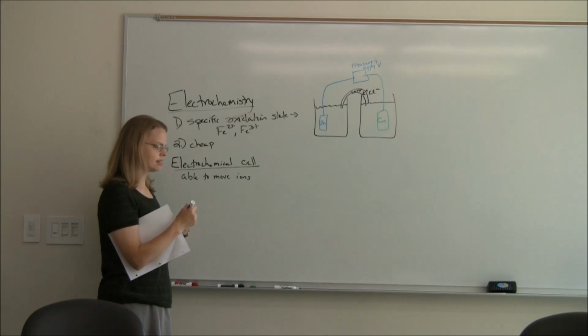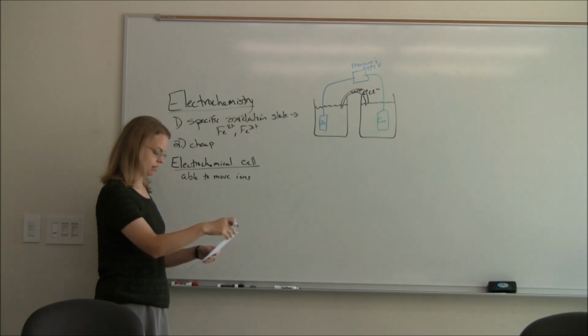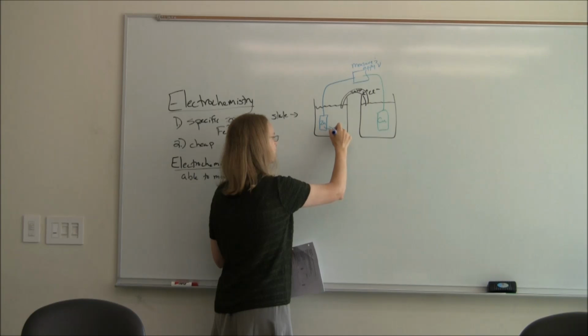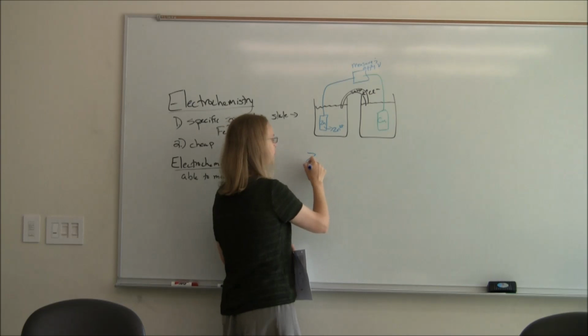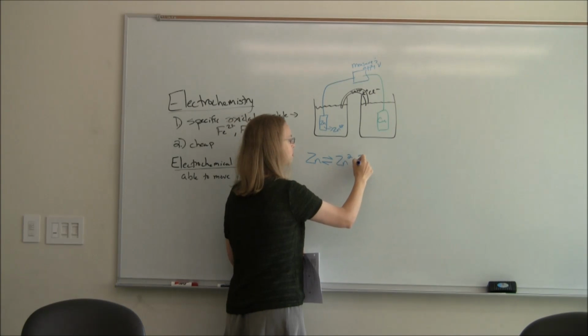And so in this case, the reactions that we would be doing at the zinc cell, we would have zinc in the solution with a zinc 2+, so we would have zinc going to zinc 2+ plus 2 electrons.